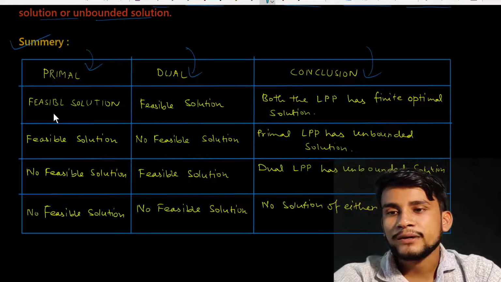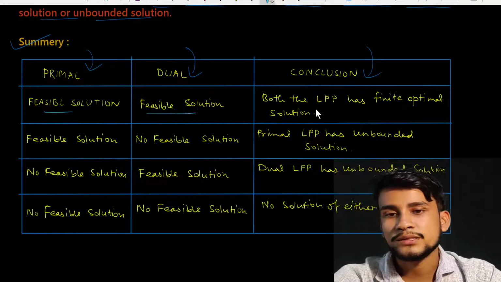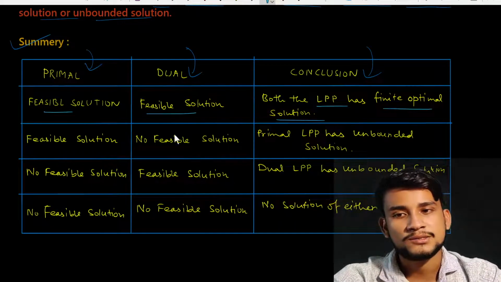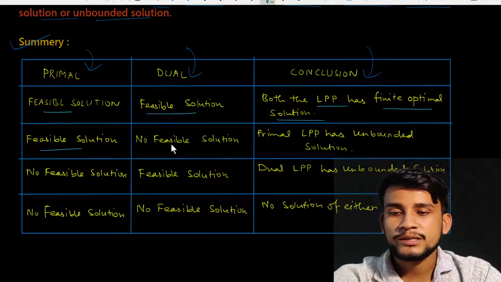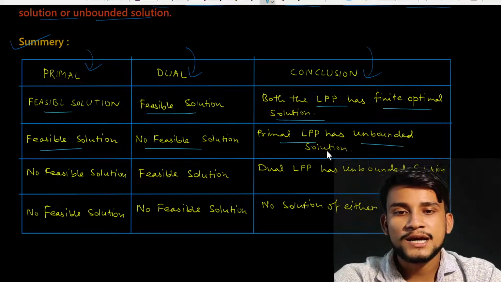If the primal LPP has a feasible solution and the dual LPP has a feasible solution, then the conclusion is both LPPs have a finite optimal solution. If the primal has a feasible solution and the dual has no feasible solution, then the primal LPP has an unbounded solution.